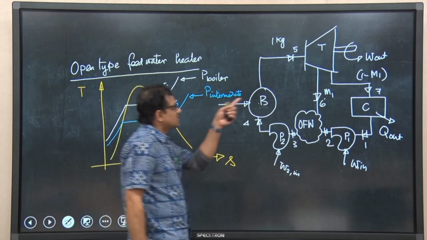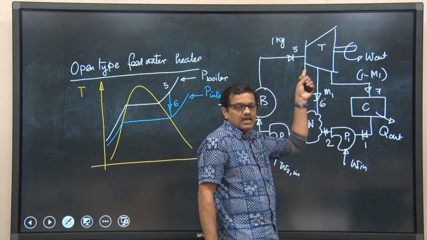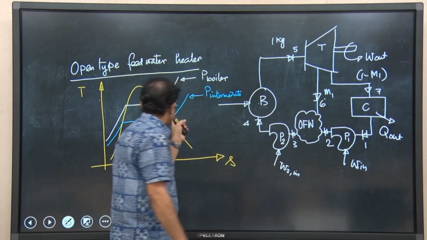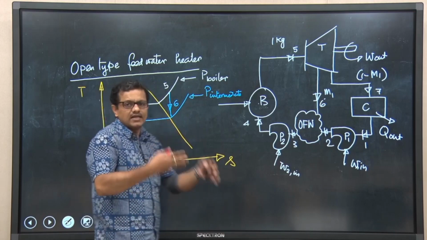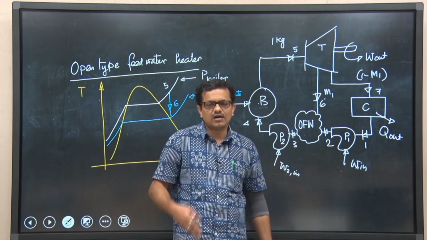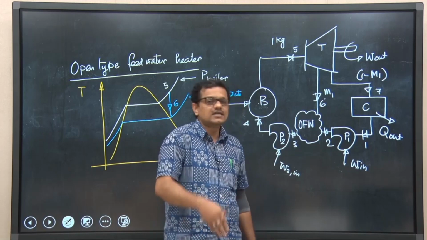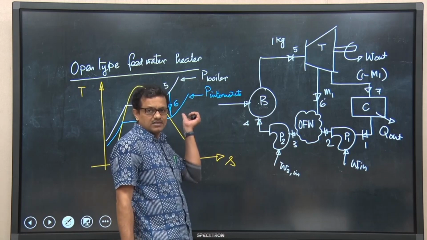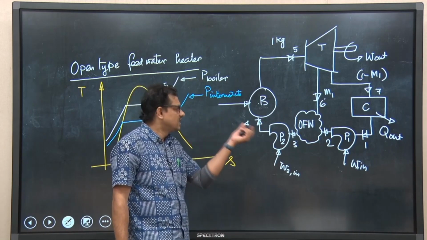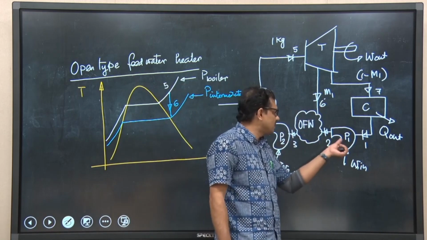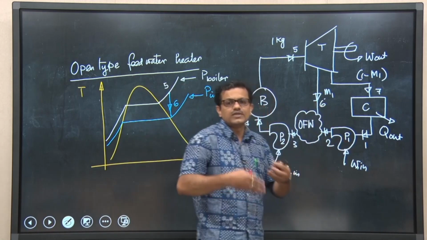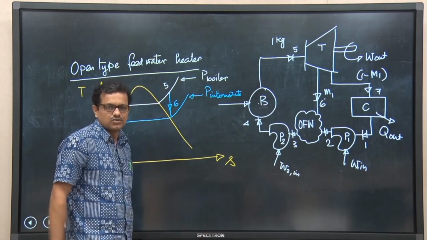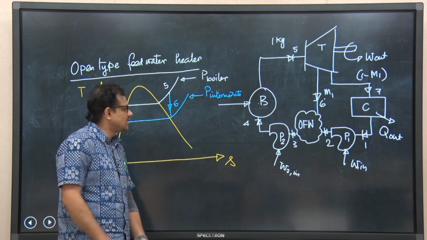If state point 6 is on the saturated vapor line, we will get some heat from the extracted steam, and that heat should be supplied to the feed water heater. If point 6 is in the superheated regime and we allow feed water to mix with that steam, we will get another heat transfer between these two streams. So, that is based on the requirement.